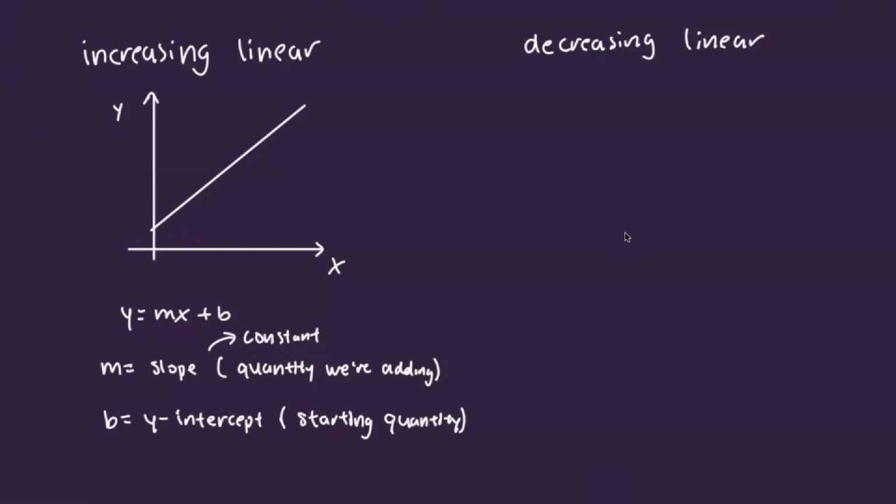Let's take a look at an example of increasing linear. Let's say that Anne has a piggy bank, and she has 100 coins in there, but she adds 5 coins every month.